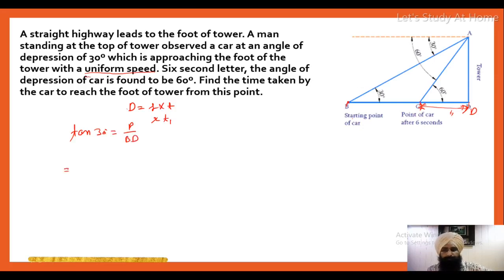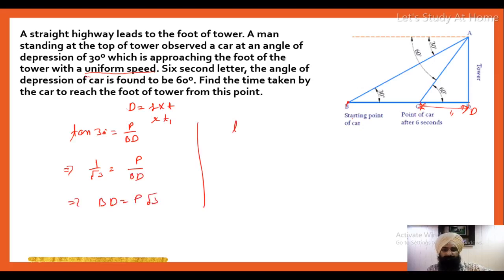This implies 1 over under root 3 is equal to perpendicular over BD. This implies BD is equal to P under root 3.